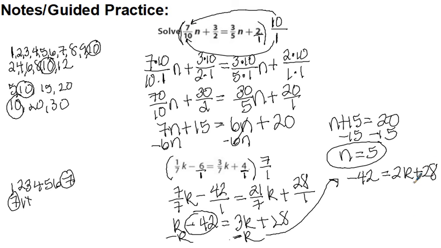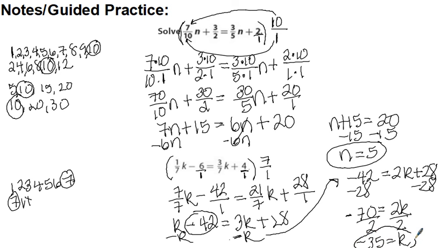Now it's a two-step, so I'm going to subtract 28 from both sides. Negative 42 minus 28, because they were both negative, if you put that in a calculator, you're going to get negative 70. Then 2k, I'm going to divide by 2, and we get negative 35 equals k. And there's our answer.